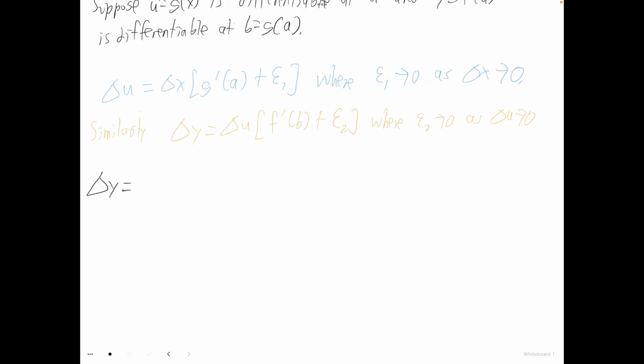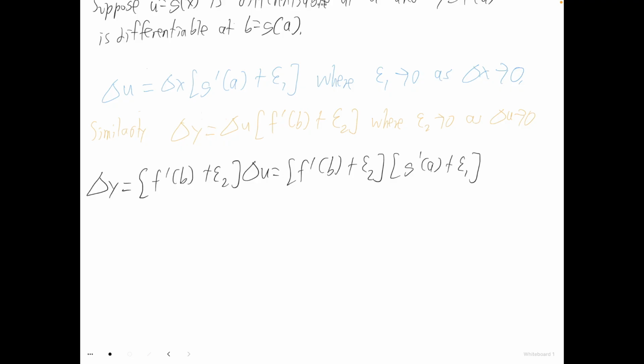I'm going to rewrite this in the other order: delta y equals f prime of b plus epsilon 2 times delta u, but delta u is g prime of a plus epsilon 1 times delta x. So I just replaced delta u with what it was equal to.